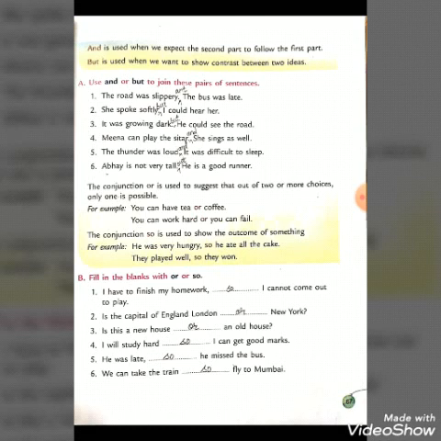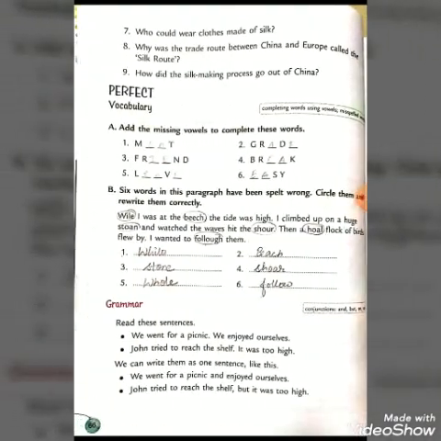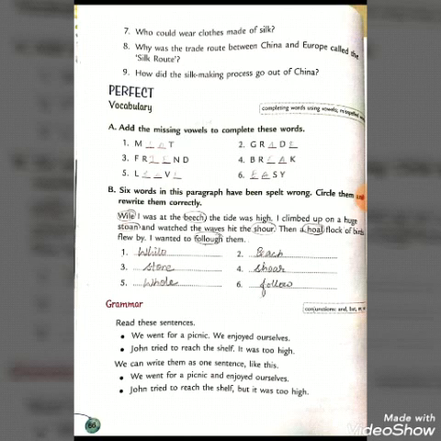Now come to the next page, page number 67. We know that, my dear students, the conjunction and is used when we expect the second part to follow the first part. How? You can look here.